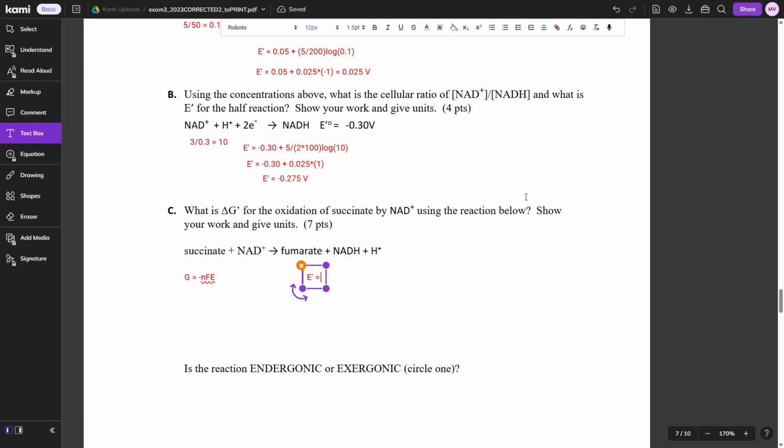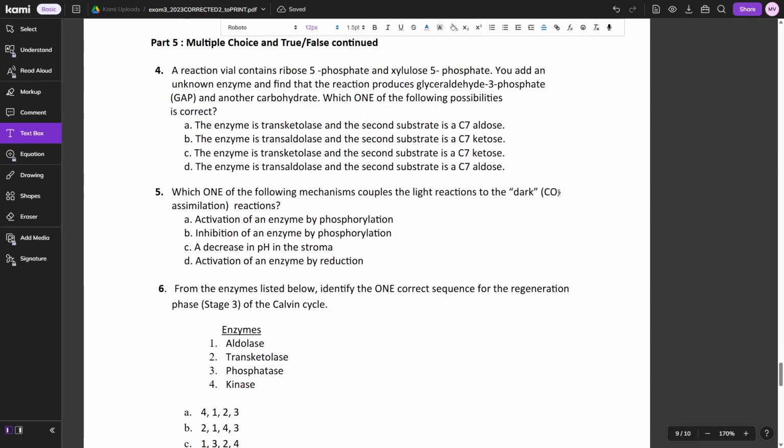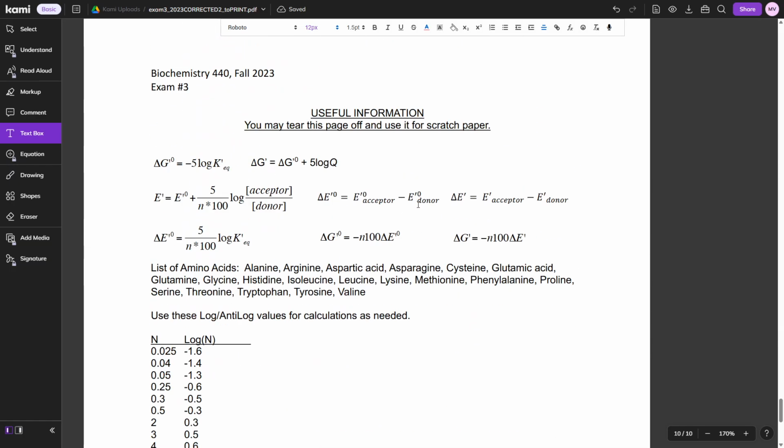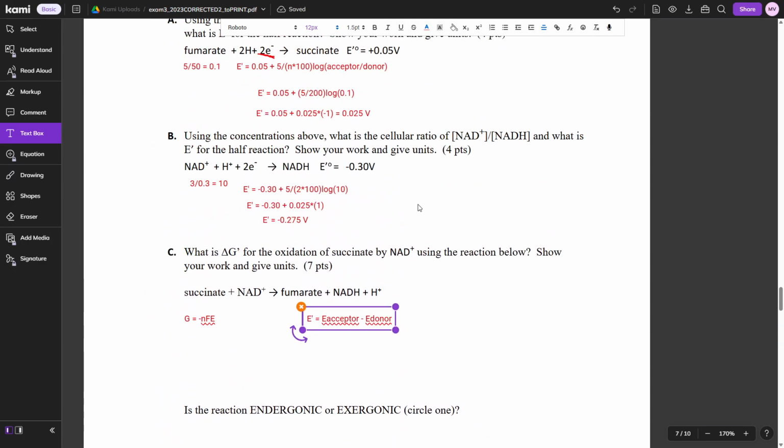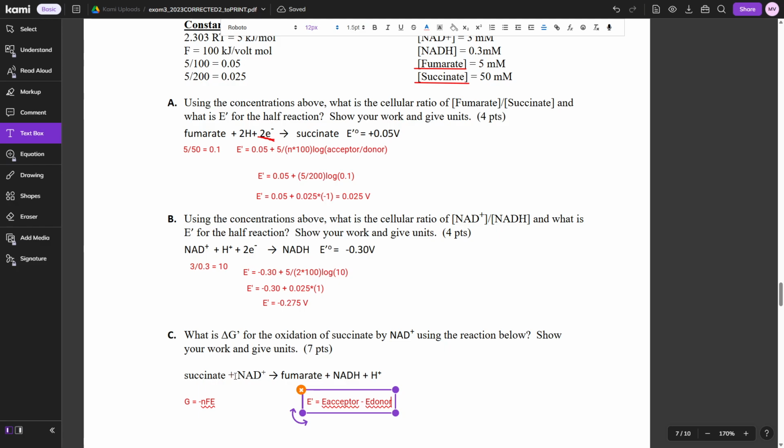It's going to be E prime, or whatever, equals the E of the acceptor minus the E of the donor, if I'm not mistaken. Right? So if we do acceptor minus donor, the one that is doing the accepting in this case is NAD plus.